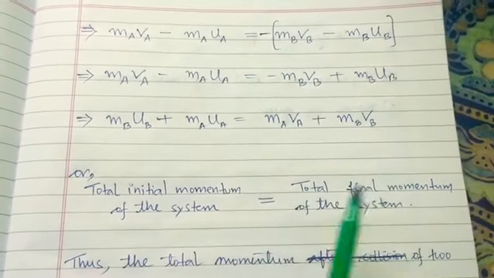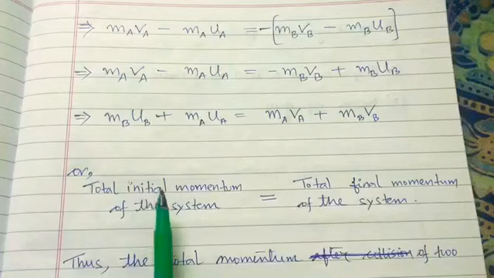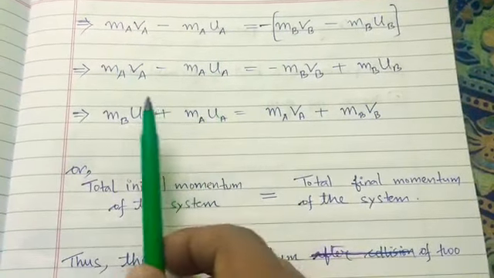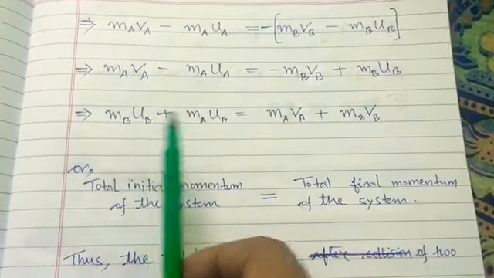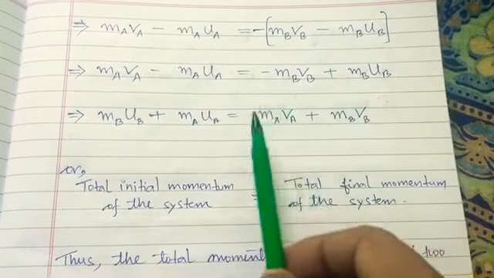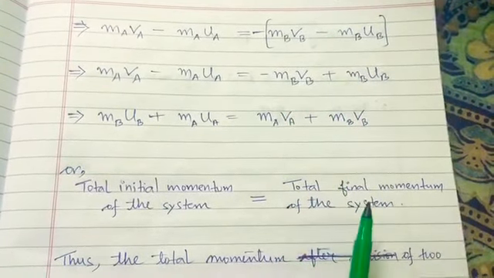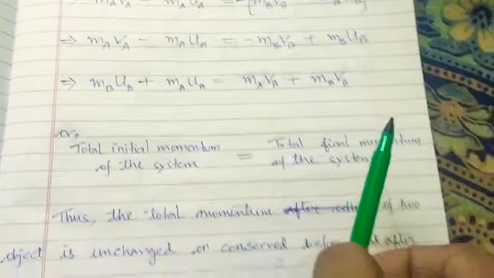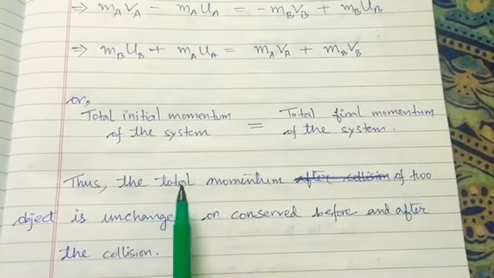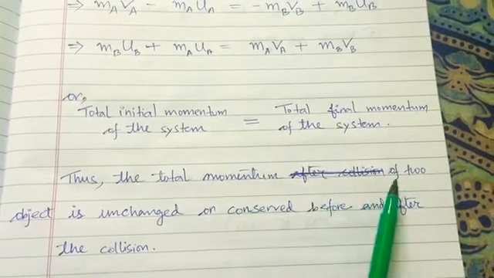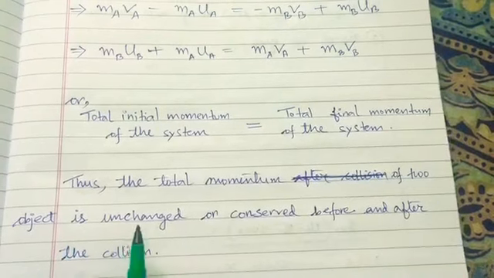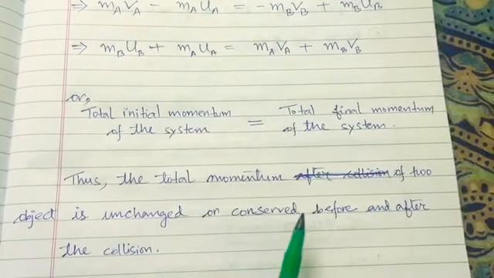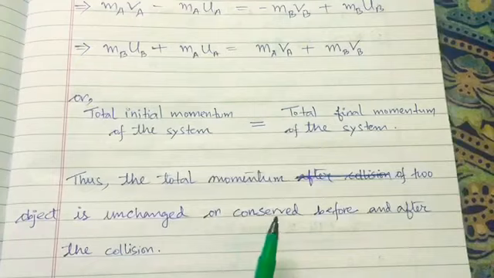Clear? এইটো মানে কি বুজাইছে যে total initial momentum of system, this is the total initial momentum of the system, is equal to final momentum of the system. Clear? So here we can say that thus the total momentum of two objects is unchanged or conserved before and after collision. So conserved means what?